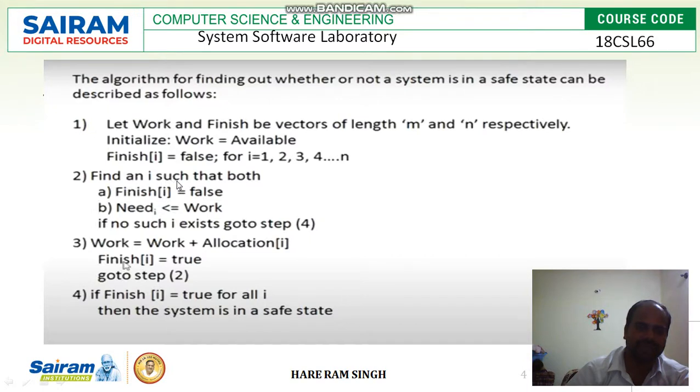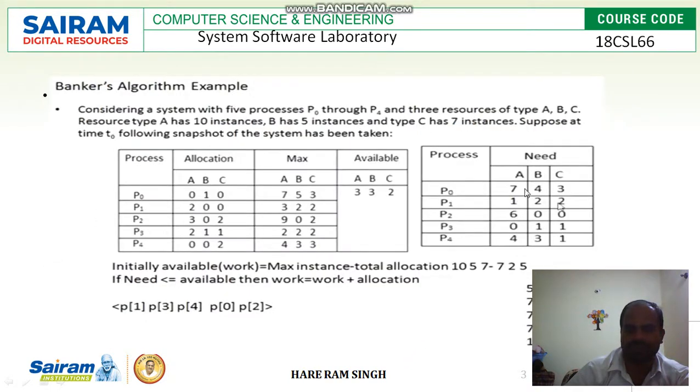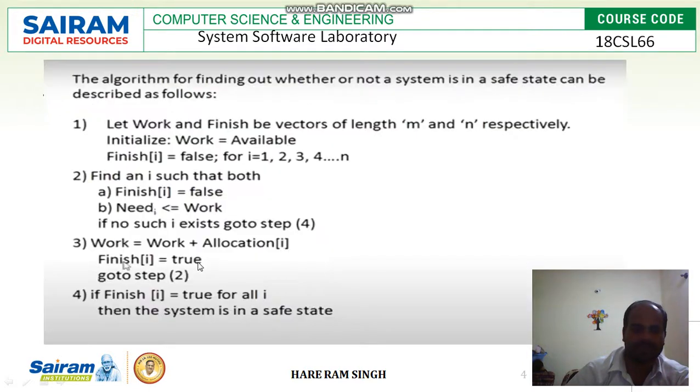Then find an i such that both finish[i] equals false and need[i] is less than or equal to work. According to this, the need for P0 is not less than the available matrix, so we'll go to the next step.